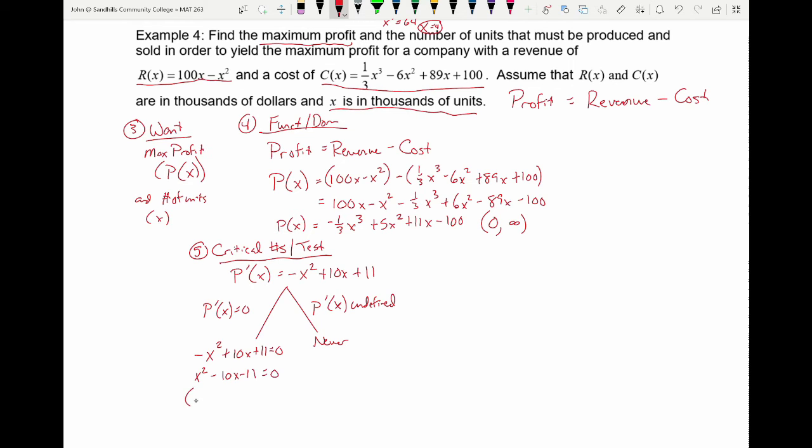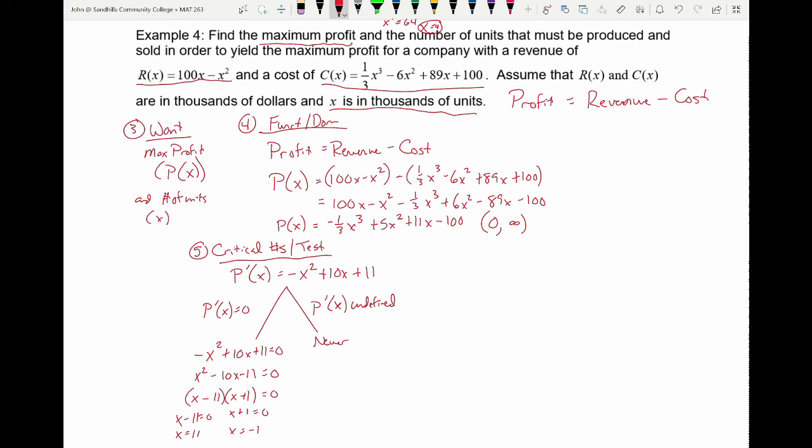And now that's a little easier to factor. So this is going to factor as x minus 11 times x plus 1 equals 0. So now that means x minus 11 equals 0, which gives us the critical number x equals 11, and x plus 1 equals 0, which gives us a critical number x equals -1.